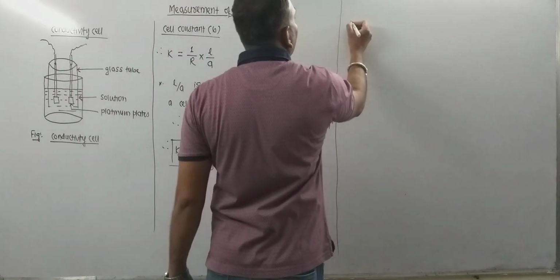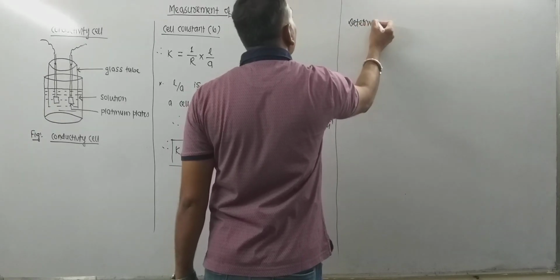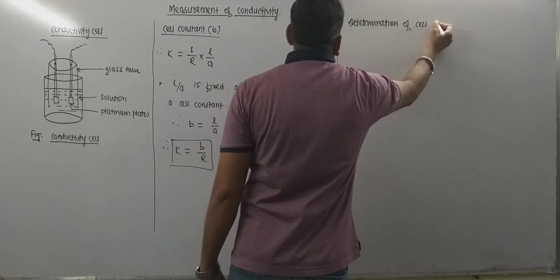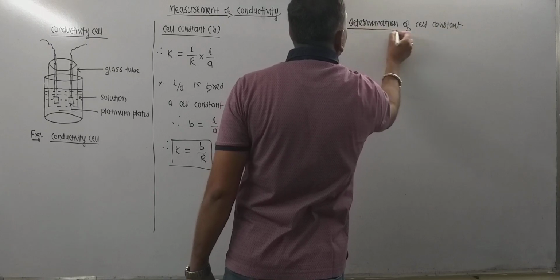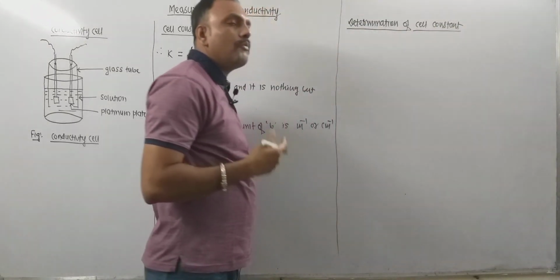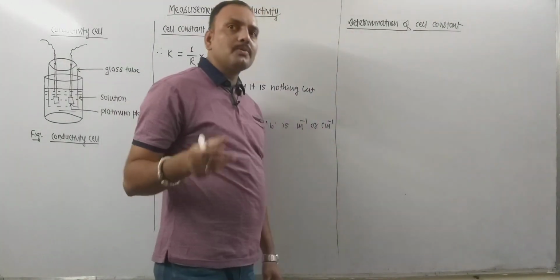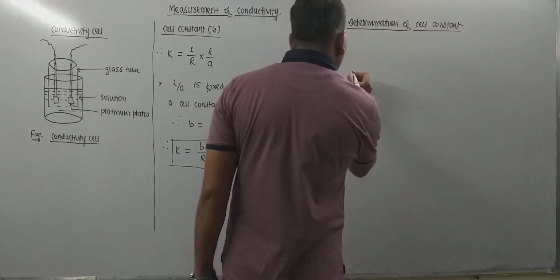So the next very important crucial thing is the determination of cell constant. Now in order to determine the cell constant, we should know the resistance of the solution. So the resistance of the solution can be determined by using the Wheatstone bridge principle.